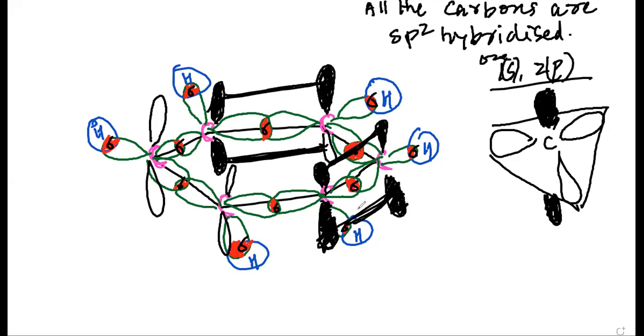Here we have a pi bond, and then, my dear students, we have the pi bond present over here. So dear students, you can see that there are 3 pi bonds present in benzene.